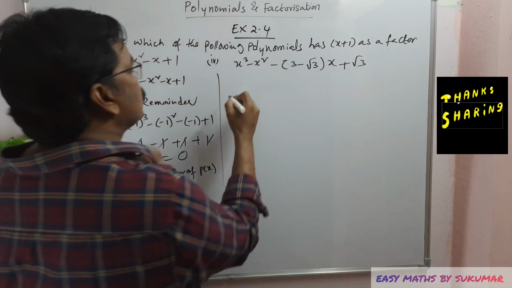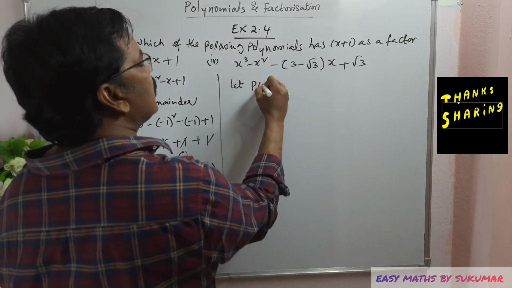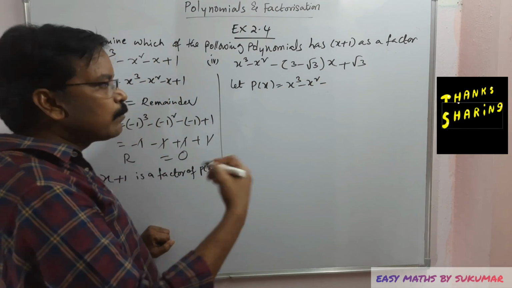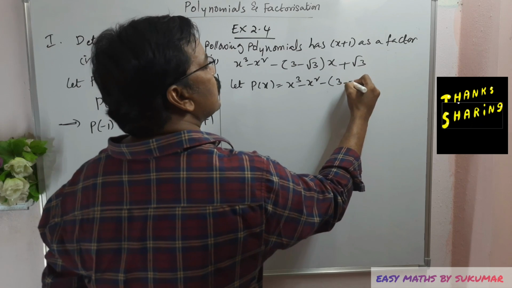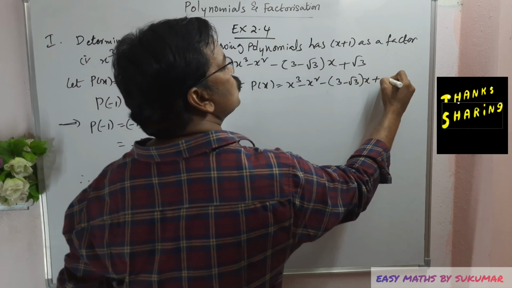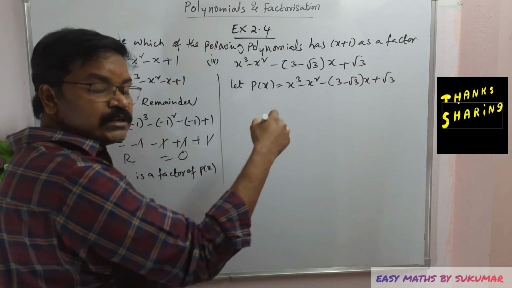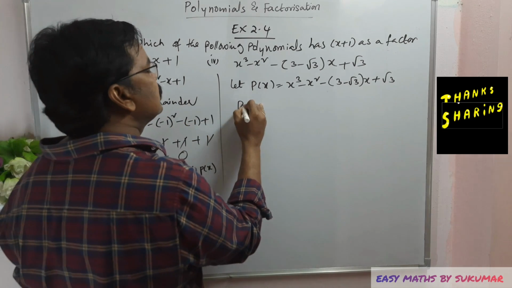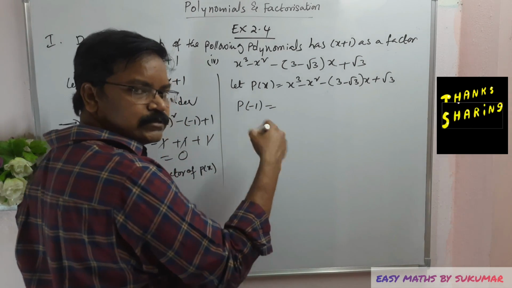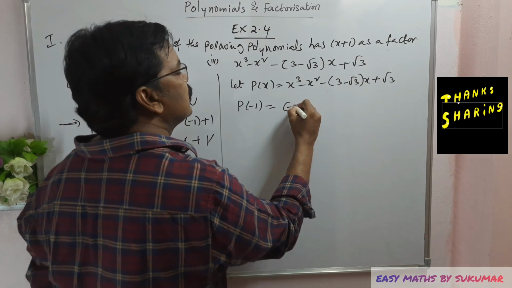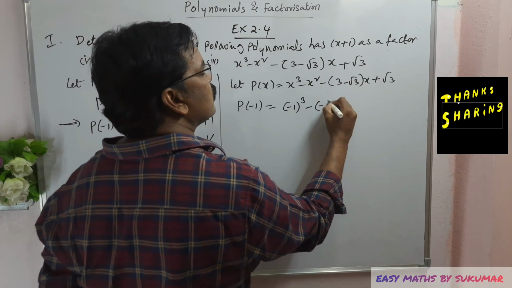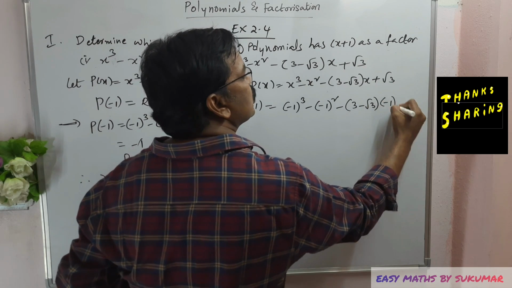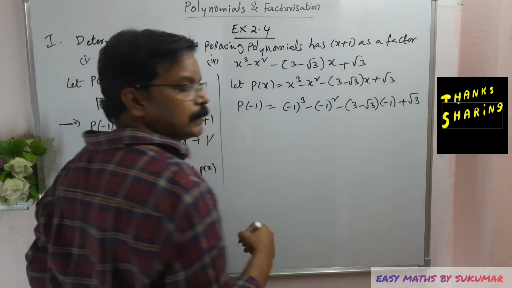Similarly here also, my dear students, let the given polynomial P of x be equal to x cube minus x square minus of 3 minus root 3 x plus root 3. To verify that x plus 1 is a factor, take P of minus 1. Substitute x equal to minus 1: minus 1 whole cube minus of minus 1 whole square minus of 3 minus root 3 into minus 1 plus root 3.